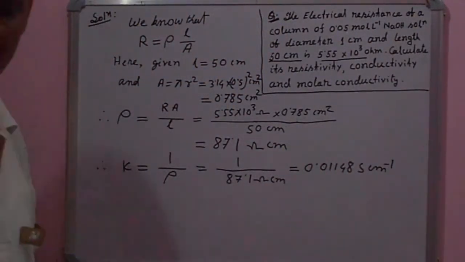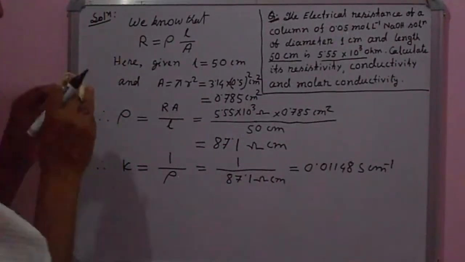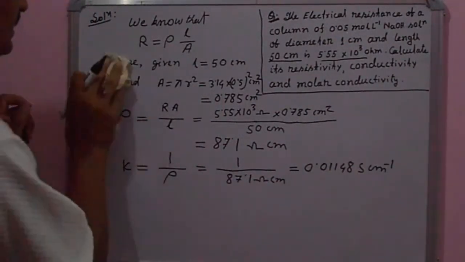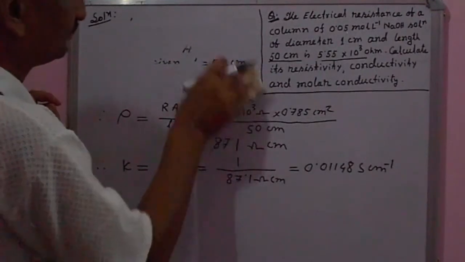And we know the molar conductivity lambda m is equal to kappa by C. So we'll do that one.